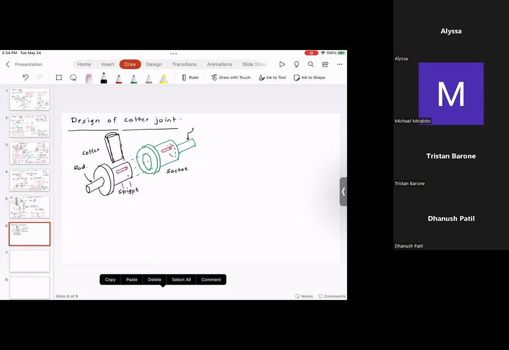Again, we have the same rod over here. And these rods can have the same diameter or they could have a different diameter. Now, what are the typical applications of the Cotter joint? Think about when you want to transmit forces in the X direction, whether compressive or tensile, you use a Cotter joint. And a classic application is a steam engine.